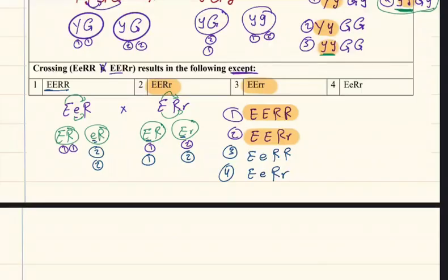So this is the correct answer. This will not be the result, and this is the correct answer, the one which will not result. This one, does it exist? Yes, this is the fourth one. So all of them will result from this cross except this one. And this is how we solve these questions.